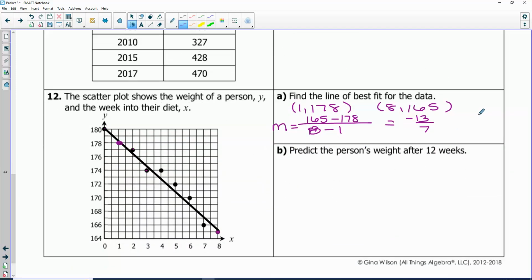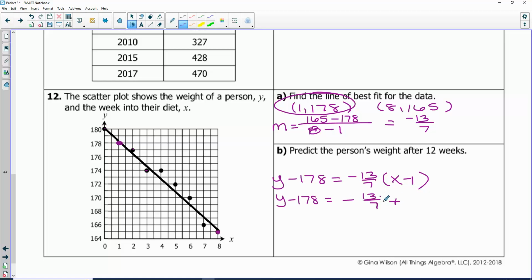So I get my slope, take one of my points. I don't have enough room here, I'm going to come down. So y minus my y value equals my m, x minus my x value. Y by itself.